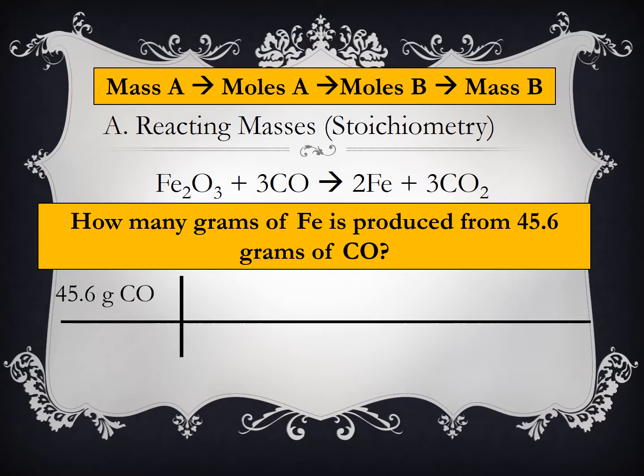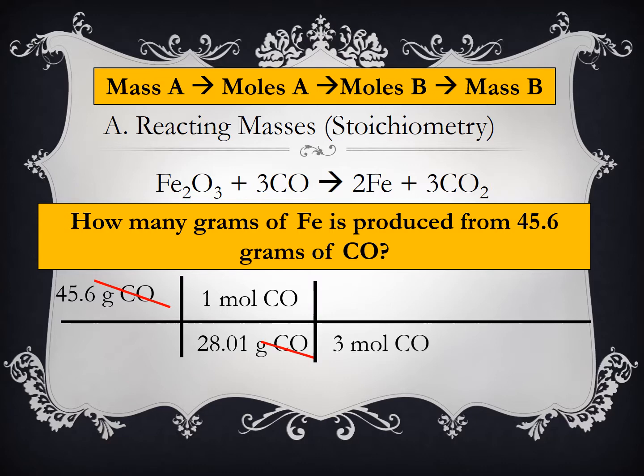You have grams. The only thing that converts grams and moles is molar mass. So the molar mass of CO is 28, and that's 1 mole of CO. Grams get canceled, zap zap. So now we have moles of CO on the top, the moles of CO on the bottom. It's 3 of them. 2 moles of Fe goes on top. Moles cancel, zap zap. And we need to find the mass.